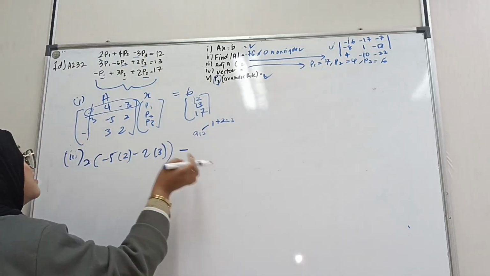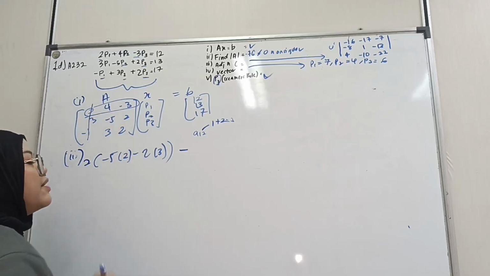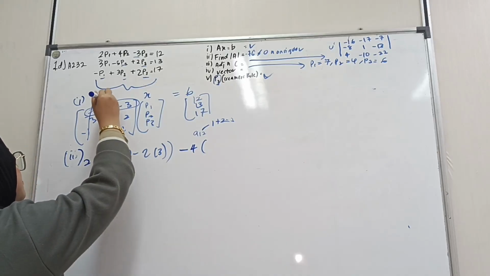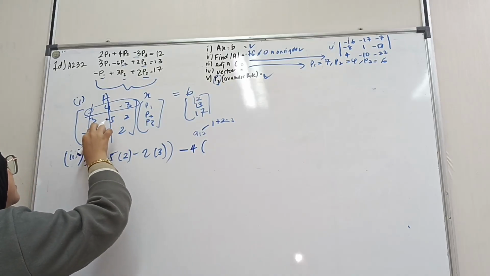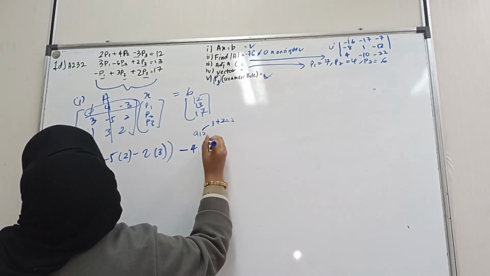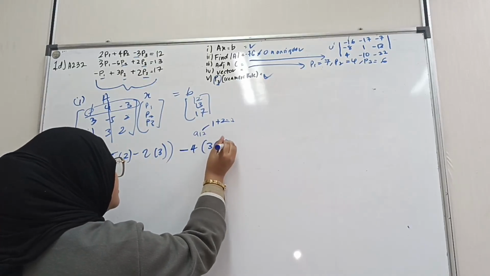The second number out of the bracket is 4. We pick the 4. As you can see, 3 minus 1, 2, 2. So we just put it here.